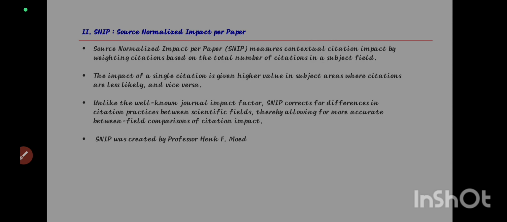SNIP is a well-known journal impact factor. It corrects the differences in citation practices between scientific fields, thereby allowing more accurate between-field comparisons of citation impact. This was created by Professor Henk F. Moed.